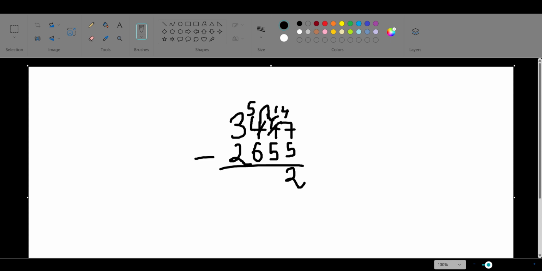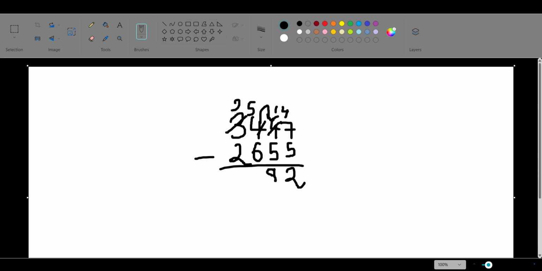And you can do this mentally. All this you can do mentally. You can keep this in your brain. But for beginners, it's kind of hard. So, 14 minus 5, which is 9.